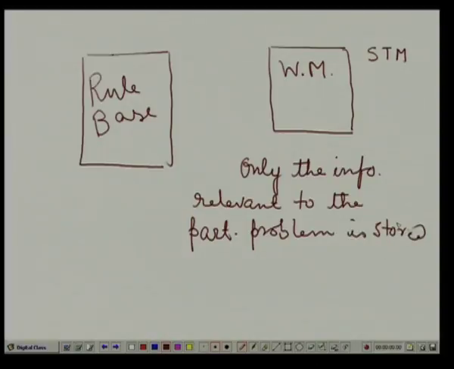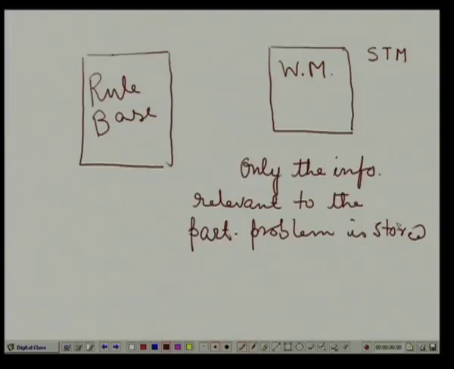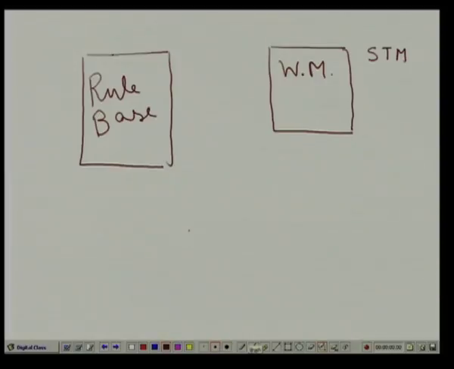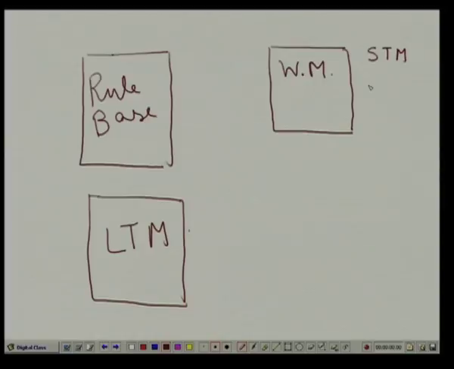But in general, we can have some more facts which are not specifically relevant to the problem, but are more general. For that, often in many systems we also have a long term memory. Okay. So, in those cases we often have a long term memory. The rule base is also related to long term memory. So, we can have long term memory and short term memory.